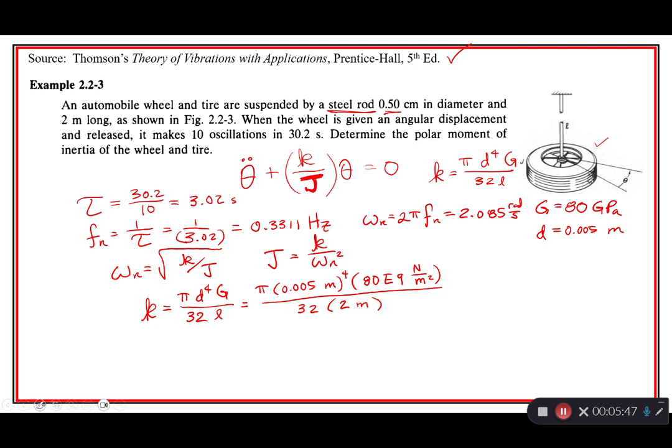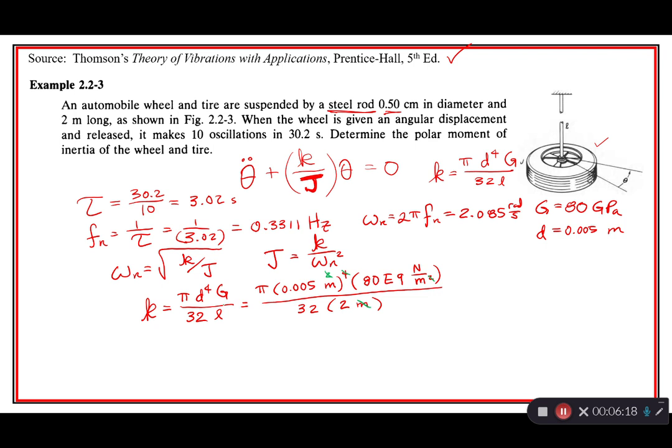Let me quickly check the units. Those get rid of 2 of the meters, so there's 1 meter left at the top.